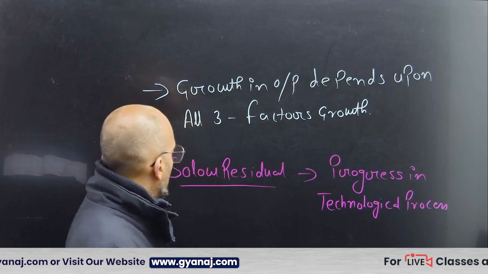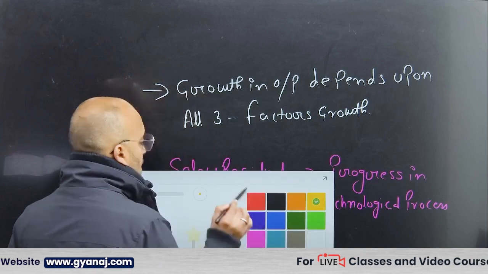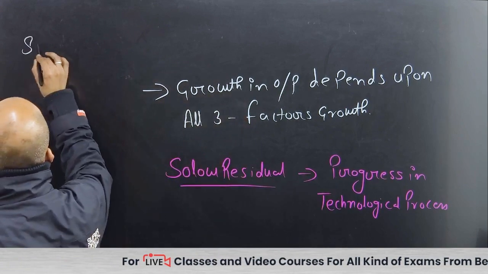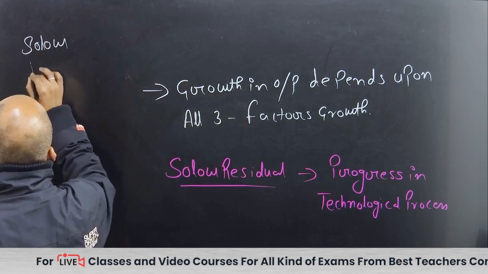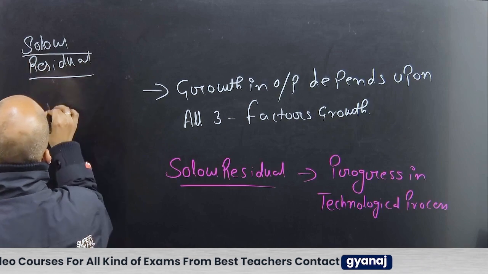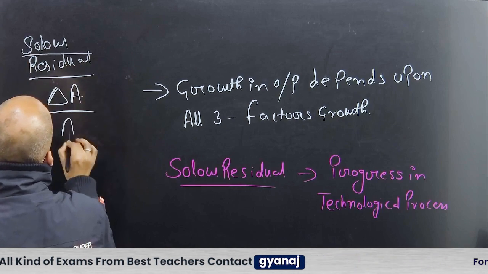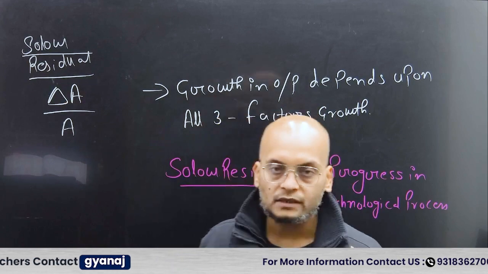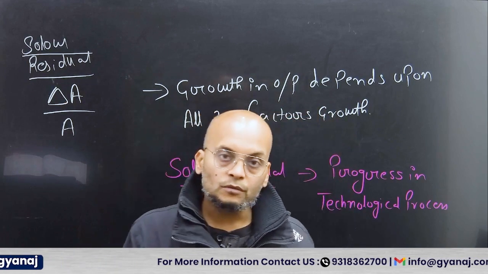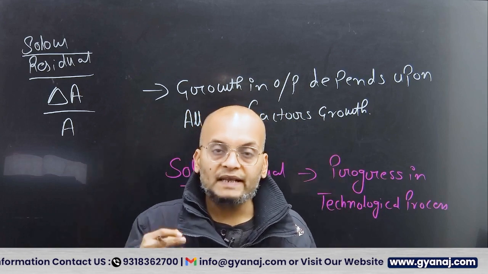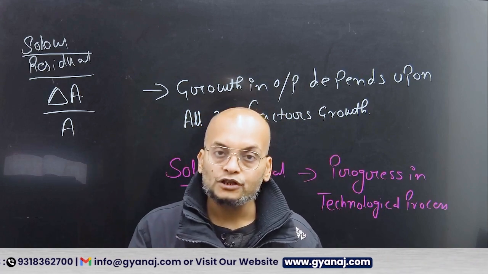Fine. Now see guys, if we literally talk about Solow residual, Solow residual is actually ΔA/A. That is progress in technology. That's what Solow residual is. Now, in the Solow model, we cannot tell where the technology came from, how the technology got built up.